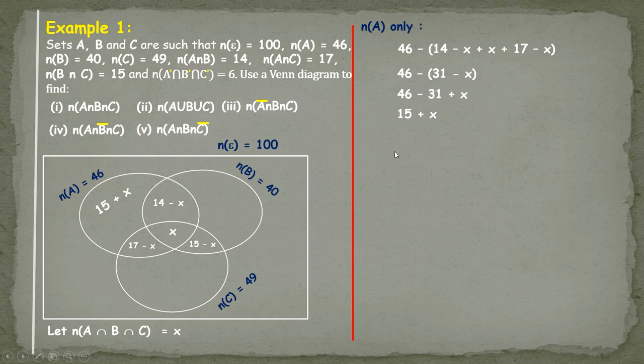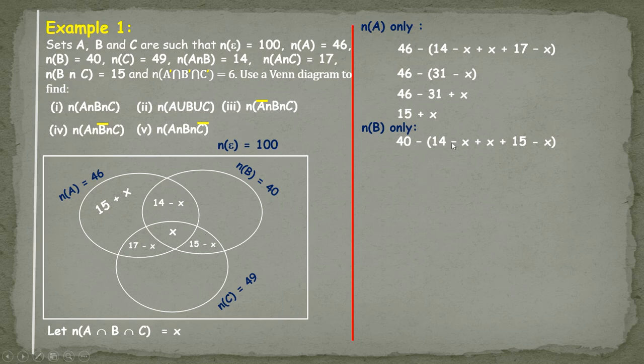Now using the same approach, we can get number of B only. Can we try out that? You'll get 40 minus 14 minus x plus 15 minus x.